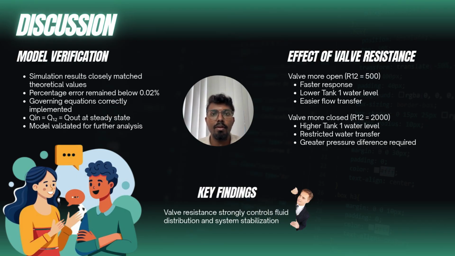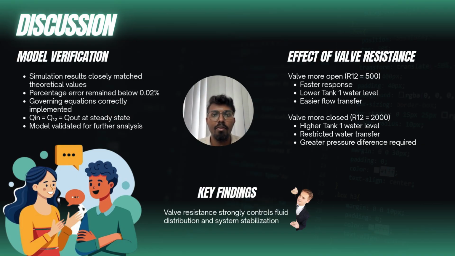This shows excellent agreement between theory and simulation. In addition, the flow balance condition was achieved, where the inlet flow, the flow between tanks, and the outlet flow reach approximately equal values at steady state. Therefore, the developed model can be considered accurate and suitable for further investigation.